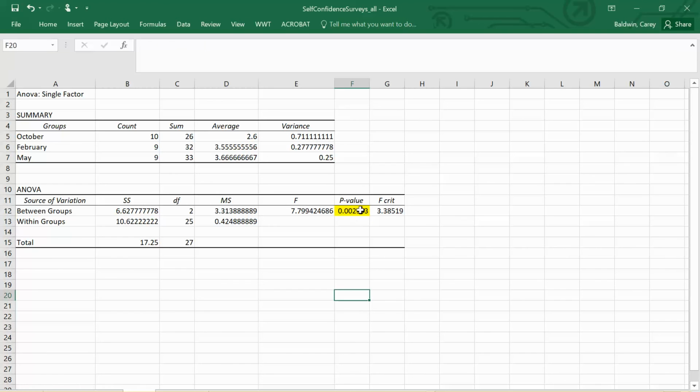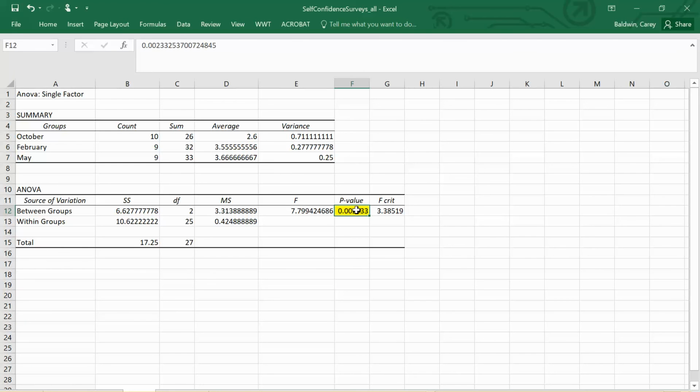So if this is small, usually smaller than 0.05, then that suggests that there is a significant difference between the groups. So the way it's interpreted is if there really were no difference between the groups, there would be looks like a 0.23 percent chance of observing a difference as large as what you saw or larger.